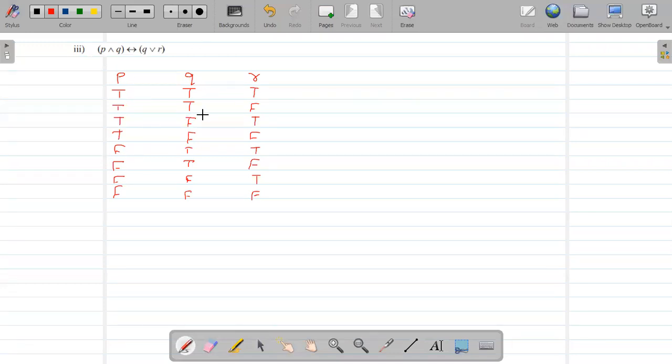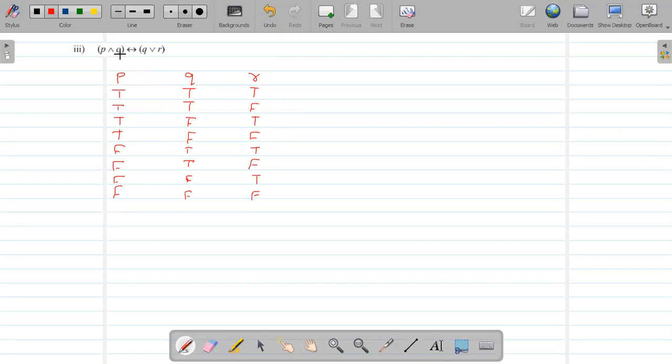For P, we write 4T and 4F. For Q, 2 times T, 2 times F, 2 times T, 2 times F. And for R, TF, TF, TF, TF.